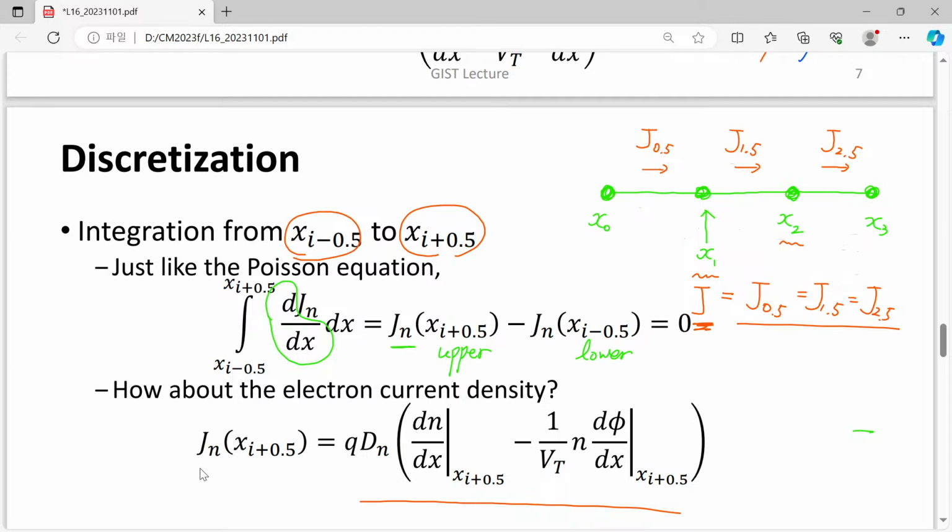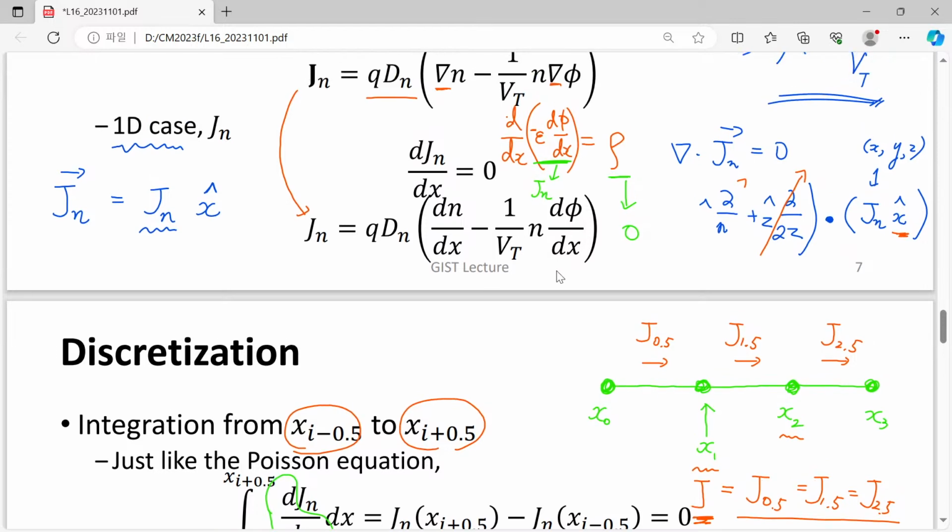J n contains both derivatives. One derivative of electron density with respect to x, and another derivative of potential, once again with respect to position.